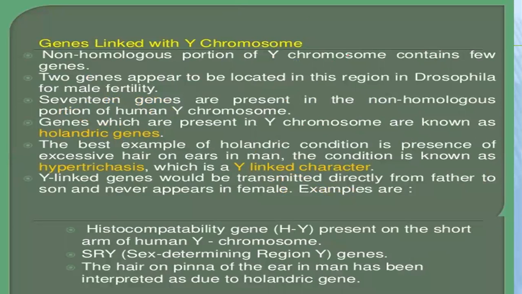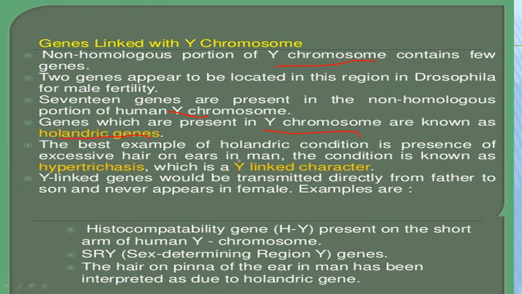The non-homologous portion of the Y chromosome contains fewer genes. Two genes appear to be located in this region in Drosophila for male fertility, and 17 genes are present in the non-homologous region of the human Y chromosome. The genes present on the Y chromosome are called holandric genes.